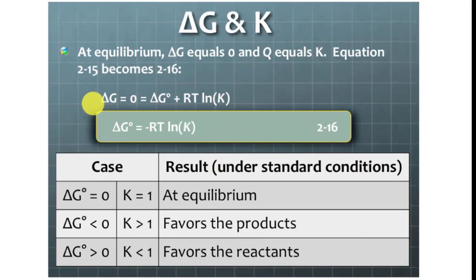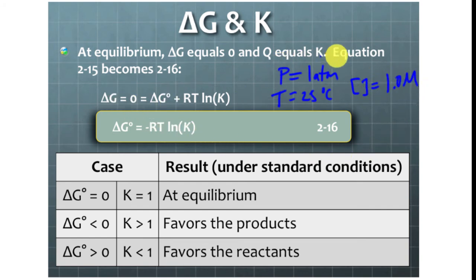This is the most important slide, the one that has the free energy equation in it. If we're at equilibrium, the change in free energy, ΔG, is going to be equal to 0, because Q is going to be equal to K. This is all assuming standard conditions: pressure of everything is 1 atm, temperature is 25 Celsius, and concentrations are all 1 molar.